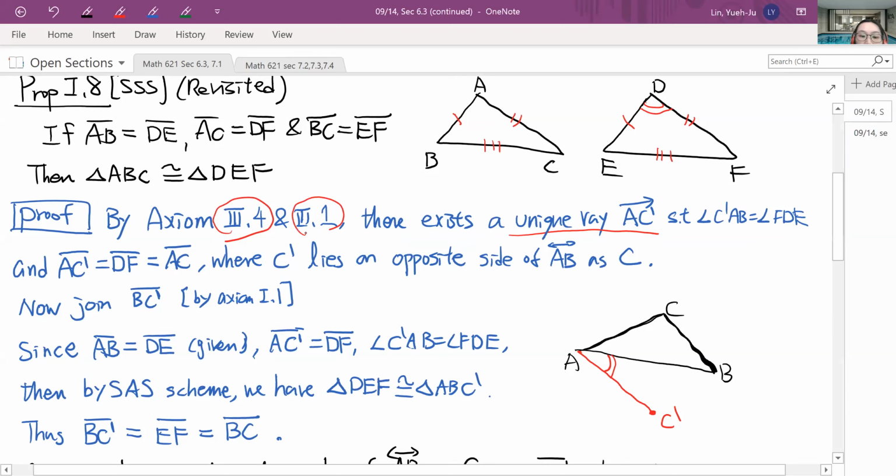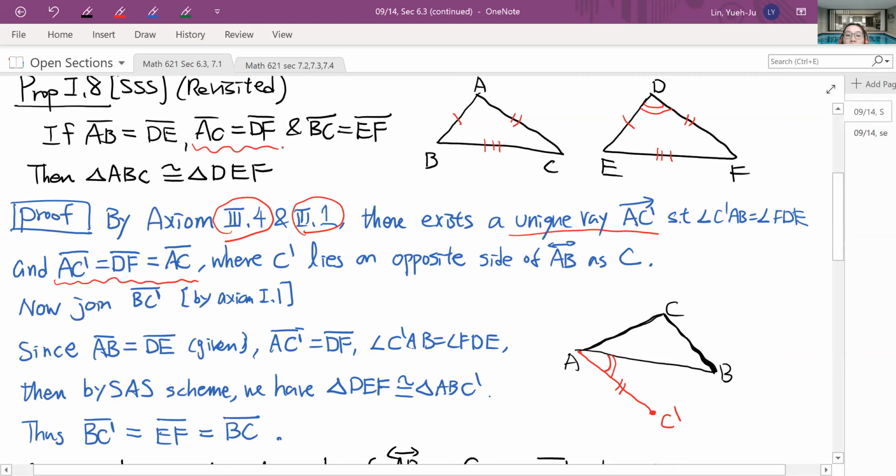At the same time, 3.1 tells you that we can reproduce a segment. That gives us the justification for constructing AC prime such that AC prime is the same as DF. DF is the double bar here, and by the assumption we have, it's equal to AC.